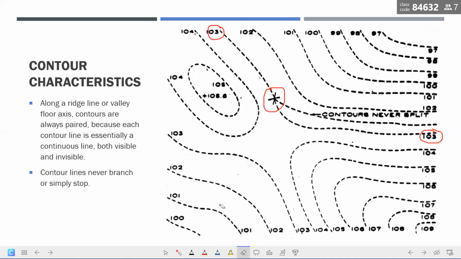But in a nutshell, this sort of situation doesn't make any sense. Because then this particular line here is not a continuous line whatsoever. So it never branches off, and it doesn't simply end or stop like that.